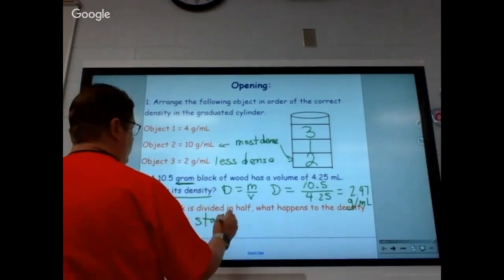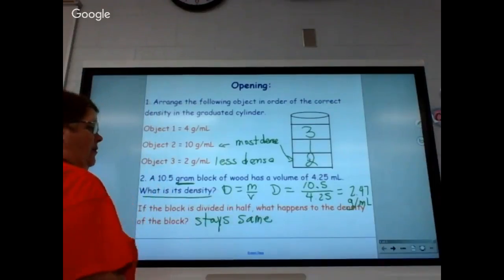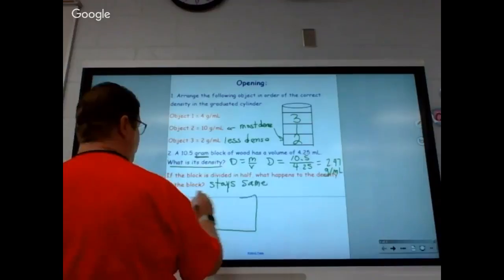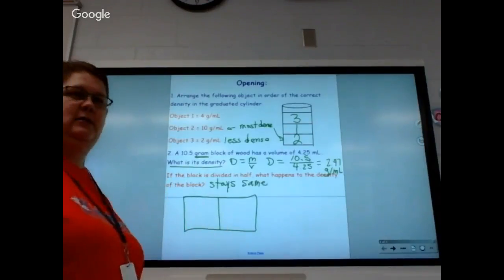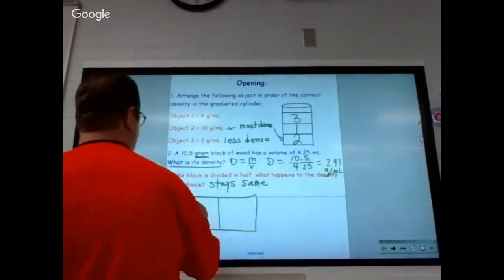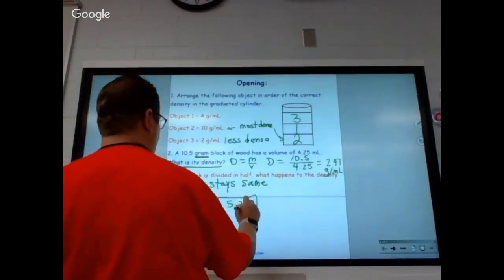Now, we did this on the worksheet the other day. Some of you probably forgot that. But if I take that 10.5 grams and I cut it in half, what's left of our mass? If I take 10.5 and I divide it in half, I get 5.25, right? So this side is 5.25 and this side is 5.25.